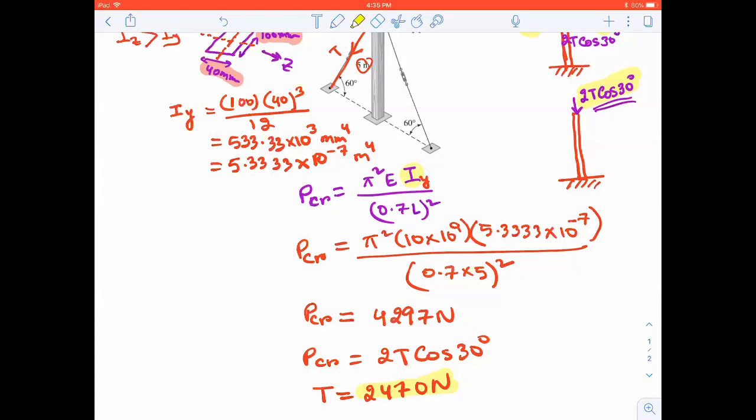Professor, I got a different answer. I got 10 more than your answer. 10 more than my answer? Yeah, I got 2,480.9. It could be because I got 4,279 divided by 2 divided by cosine 30.